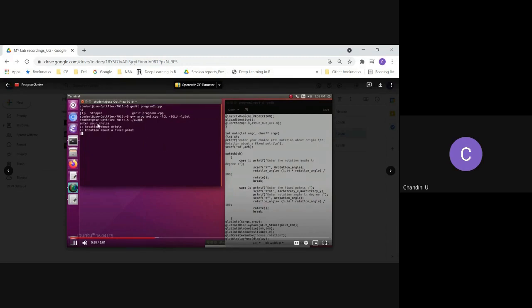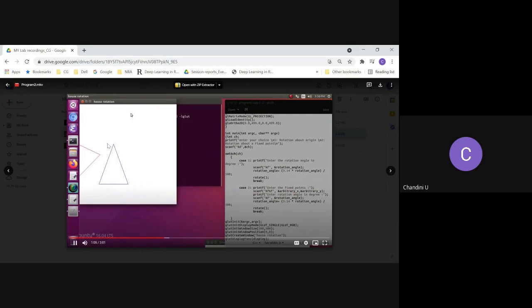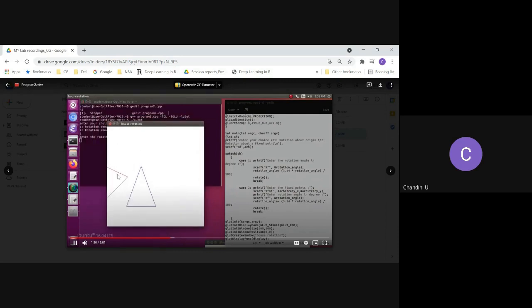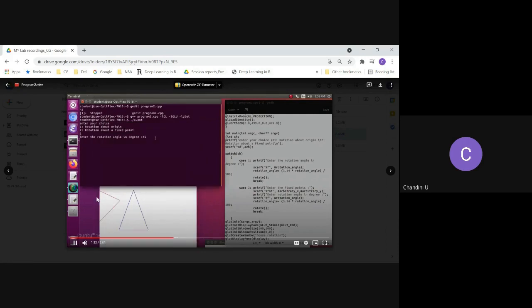Then you have two choices. One is rotation about origin or rotation about fixed point. So let us say one, that is rotation about origin. I have given the angle as 45 degrees. So you can see the rotated window. This has been a little tilted because the window size has been set a little short.